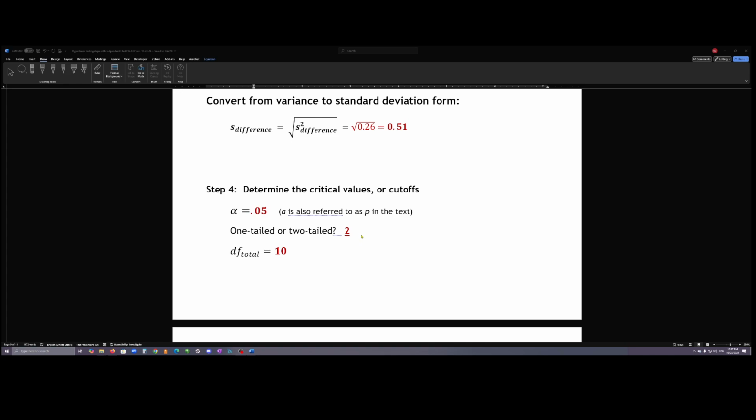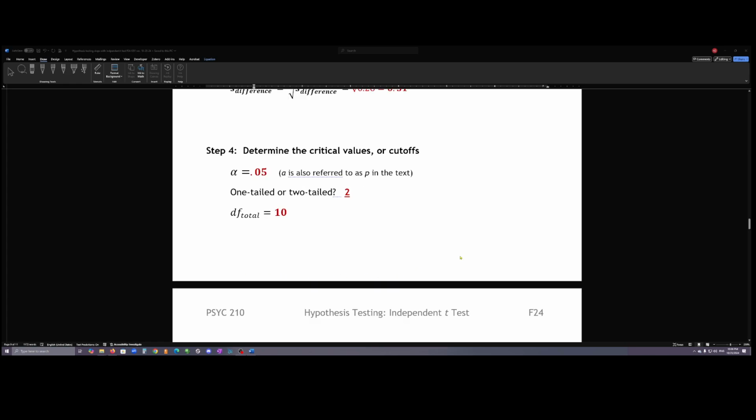And earlier, well, during class actually, we determined it was a two-tail test. And we also need the total degrees of freedom in order to figure out what row we need to be on that table in order to figure out what those cutoffs are. So total degrees of freedom was degrees of freedom for the first group plus degrees of freedom for the second group, which gives us 5 plus 5, or 10.